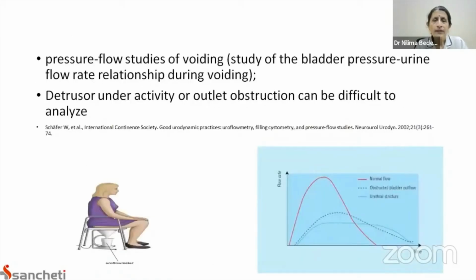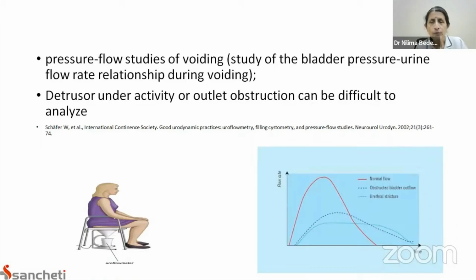It is like a person sitting on a toilet, western commode type, and there is a pressure sensor attached to this toilet. When micturition occurs, how much volume is micturated and what the pressure is are checked very well.